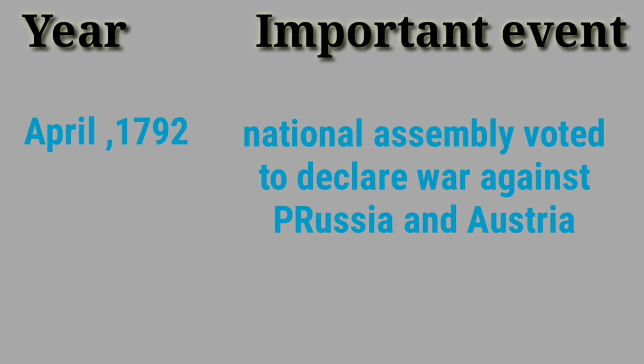So Louis XVI decided to call the troops and declare war against his own citizens. But before he did something like that, the National Assembly itself voted to declare war against Russia and Austria, because Louis XVI was going to do all of that in cooperation with Russia and Austria. So the National Assembly declared war against Russia and Austria in 1792.